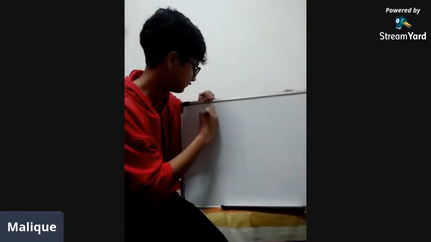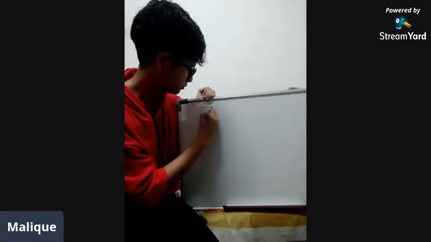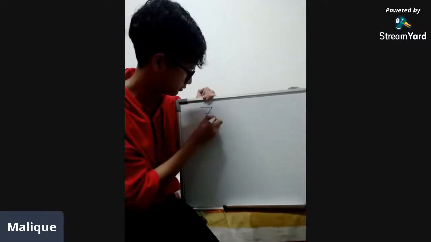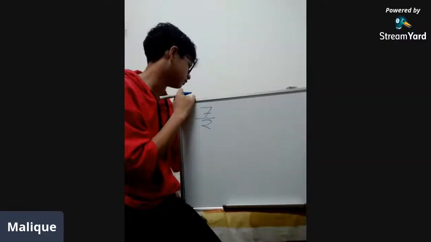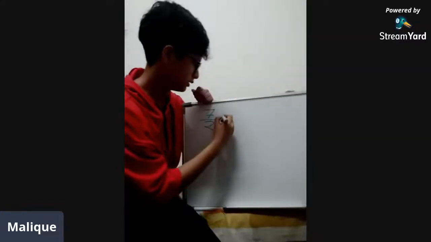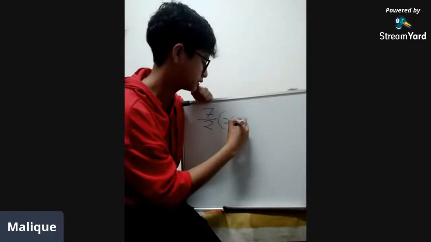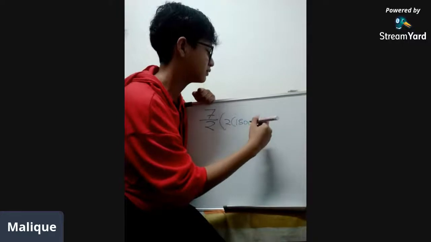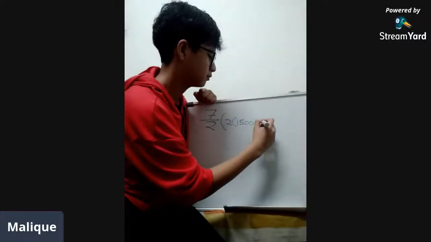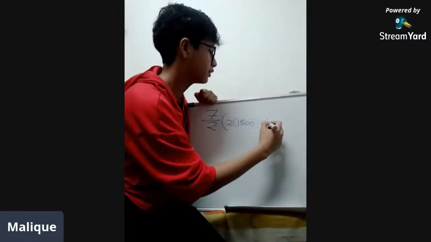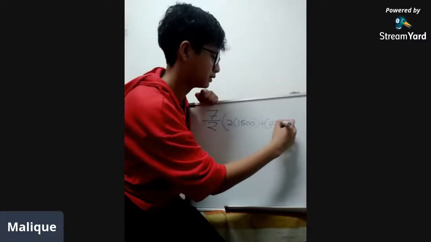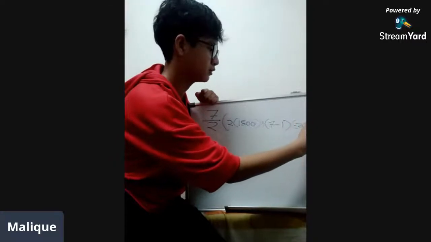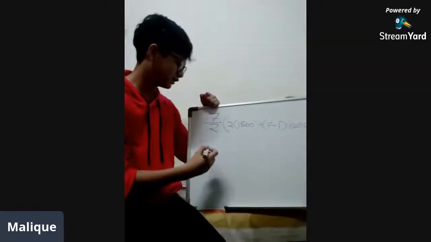So 7 divided by 2, in brackets, 2 times 1,500 plus (7 minus 1) times negative 200, which will give us the answer.